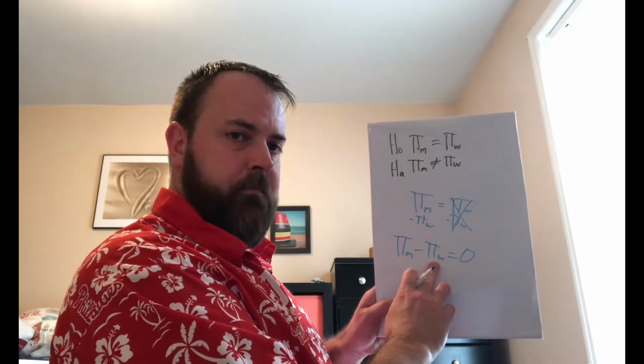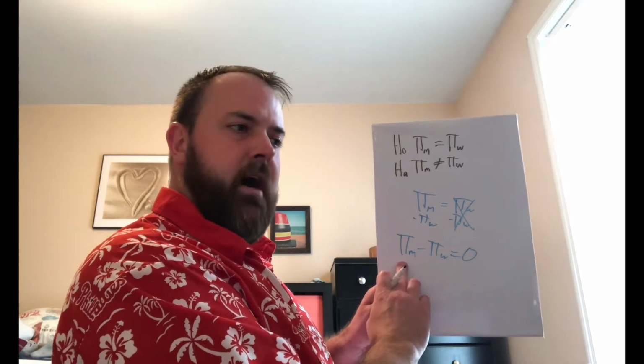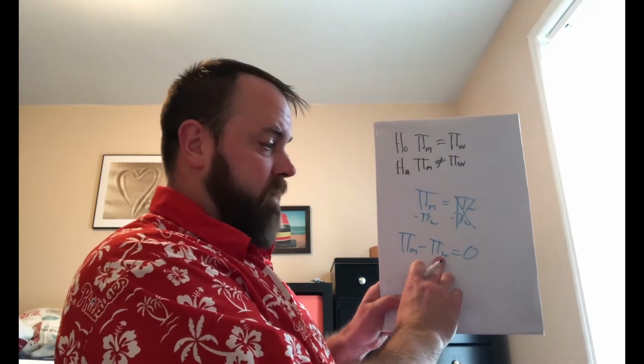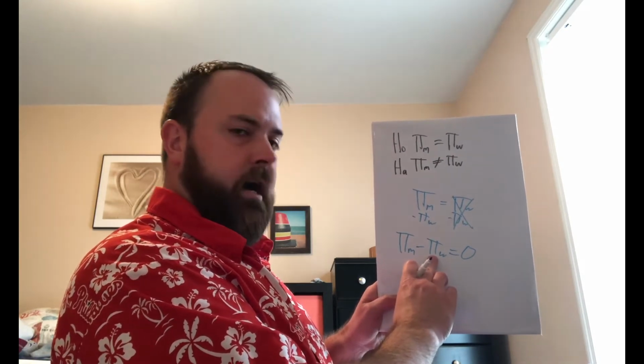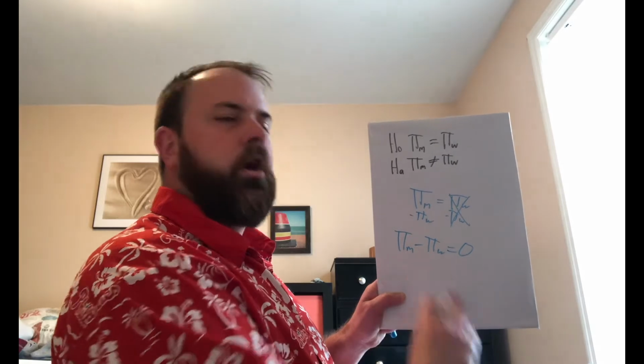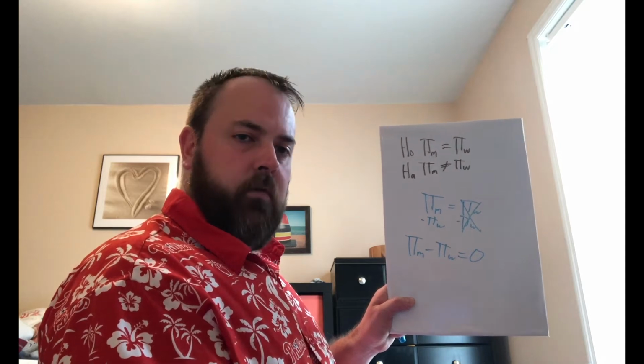If the proportion of men is higher than the proportion of women, think about this problem. Men minus women, if men is higher, you're always going to have positive values. If the women is higher, that means the men is lower. If you are subtracting a higher value away from a lower value, you're always going to have negative. So you really need to think about, what does that mean my interval is going to look like?